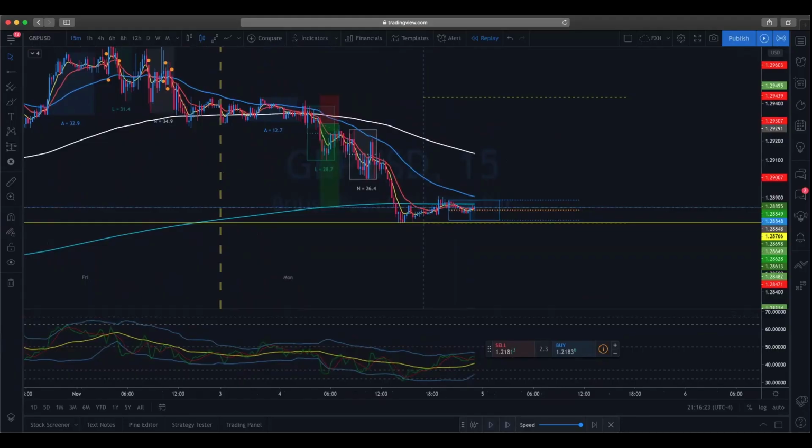So this Asian range now coming up for Tuesday. What are you ideally looking for on Tuesday? What's the setup that would make sense for you to look for on Tuesday?